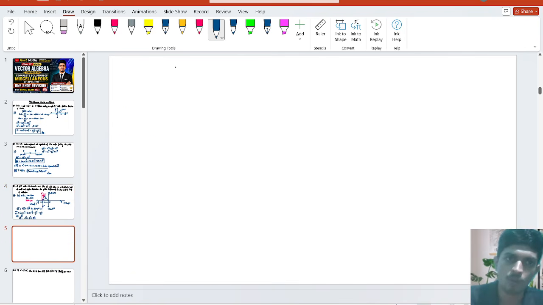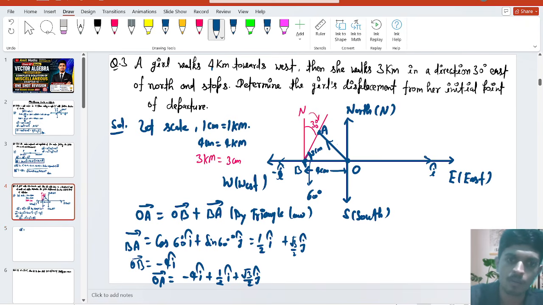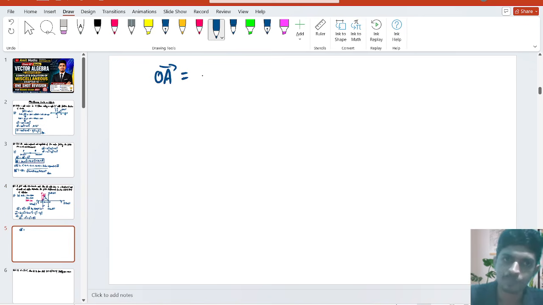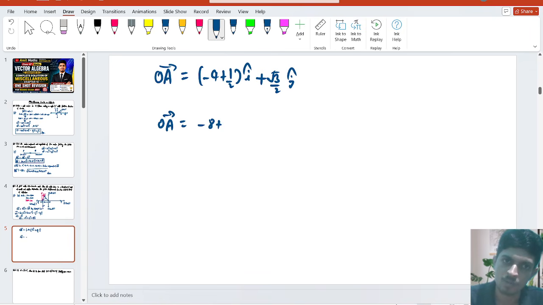So vector OA equals, taking the i cap common, minus 4 plus 1 by 2 i cap plus root 3 by 2 j cap. Simplify it: vector OA equals minus 8 plus 1 by 2 i cap plus root 3 by 2 j cap.